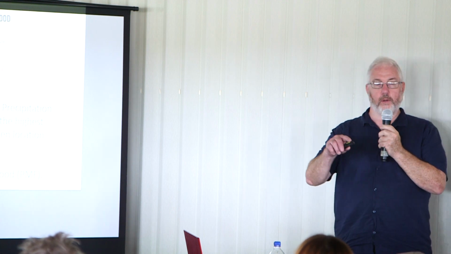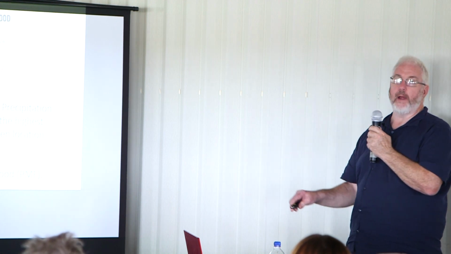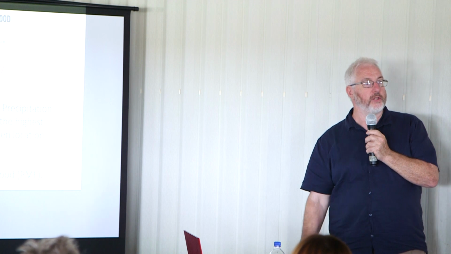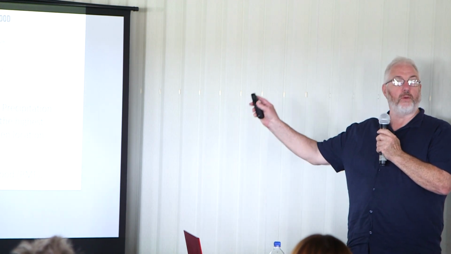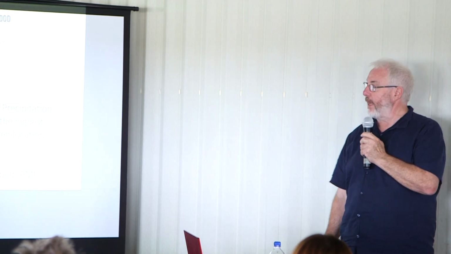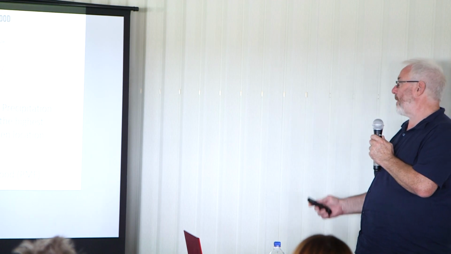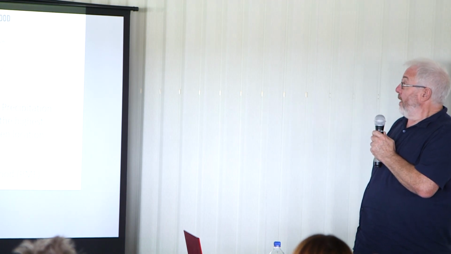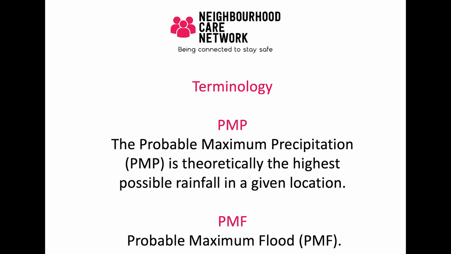So the PMP for Urunga will be different to, say, Dorrigo, will be different to Armidale, and different to Forbes and Parkes and places like that. So the probable maximum precipitation is one of the major calculating factors in the PMF, which is the probable maximum flood height.